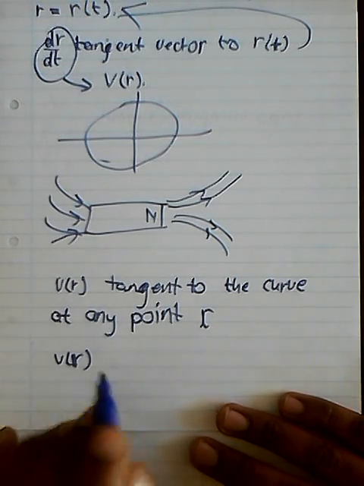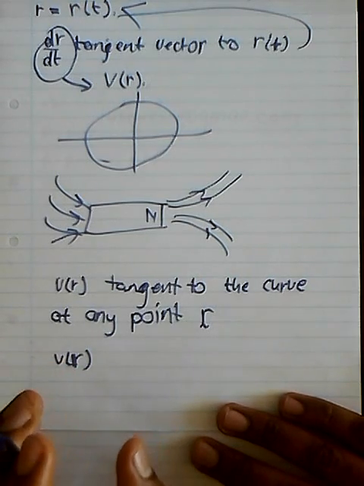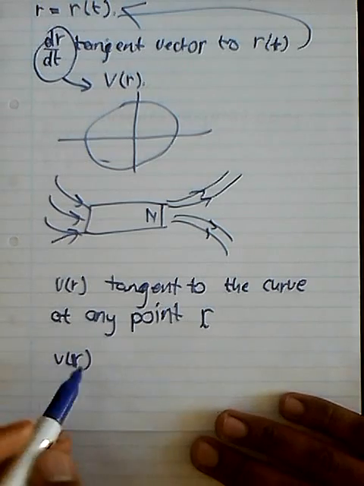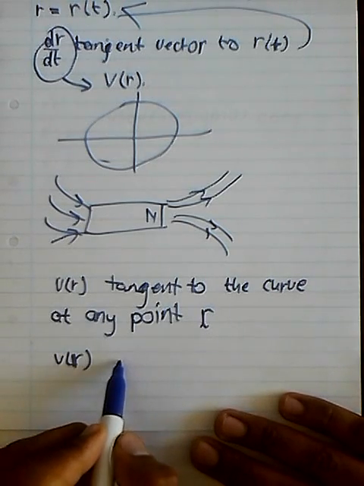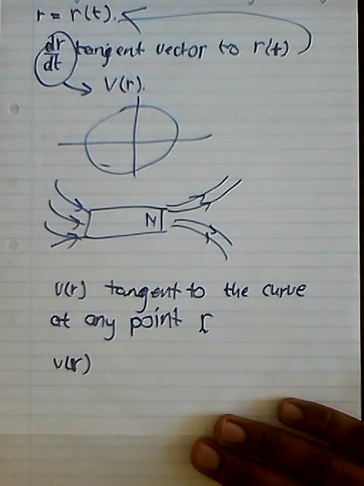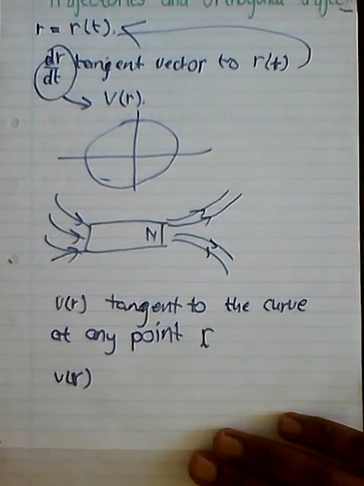You may not get this clear, but you'll see once I do an example. I realized that I just used trajectory and have not really told you what a trajectory is.